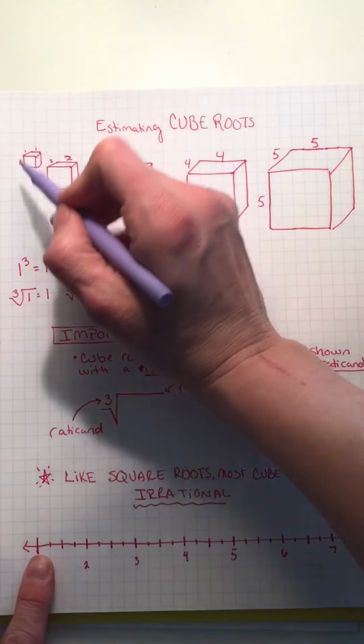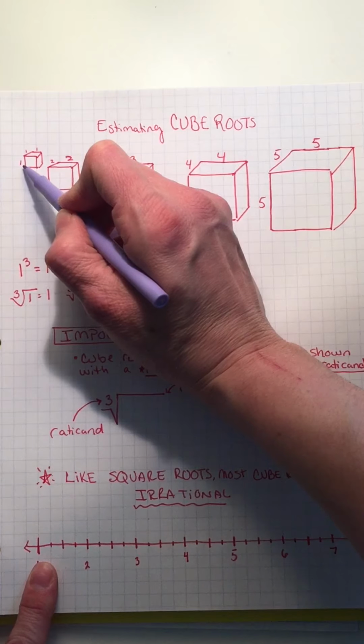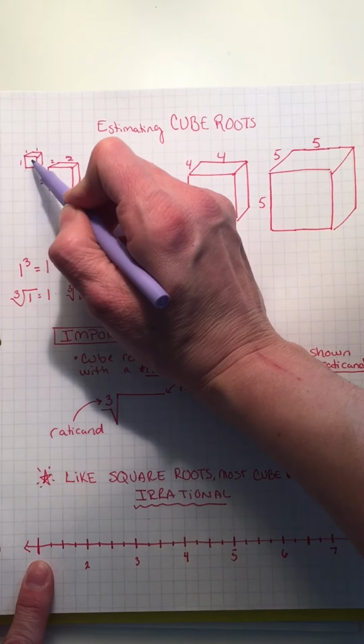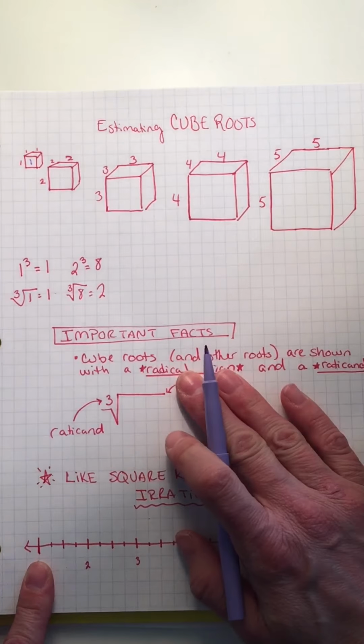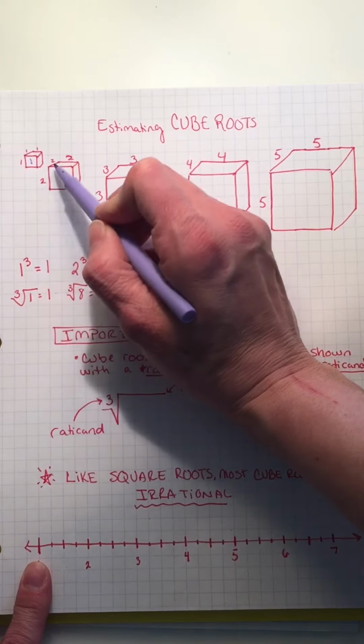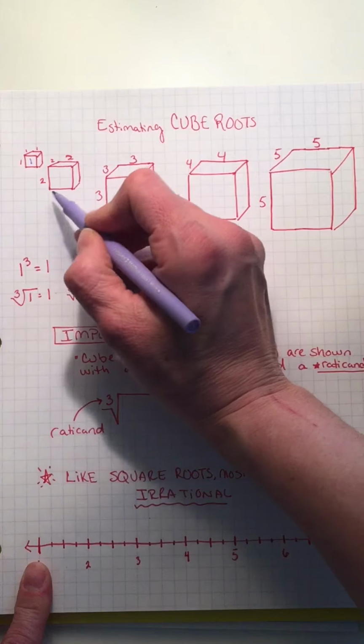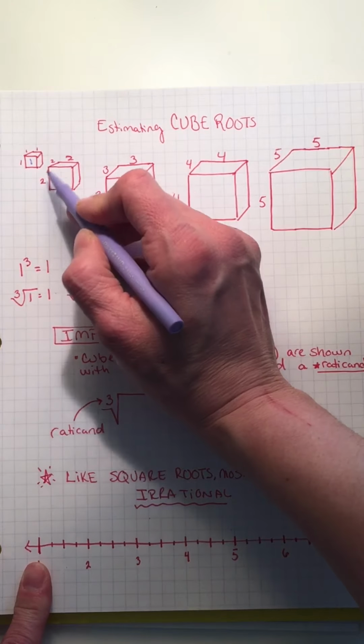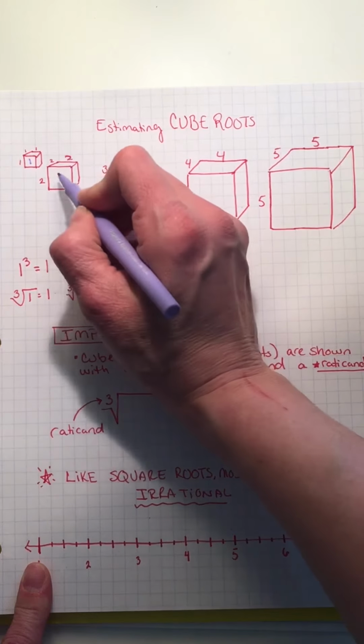So for example, a cube with side lengths of 1, the volume would be 1 cubic unit. A cube with side lengths of 2, so I'm thinking 2 times 2 times 2, 2 times 2 is 4, 4 times 2 is 8.